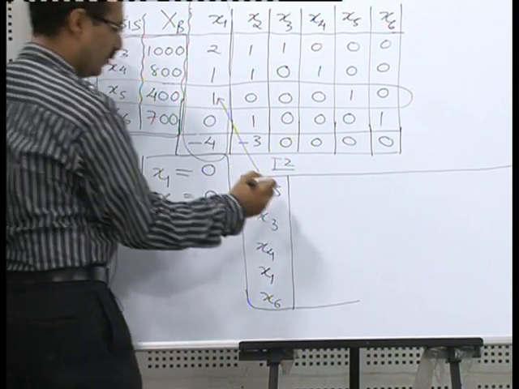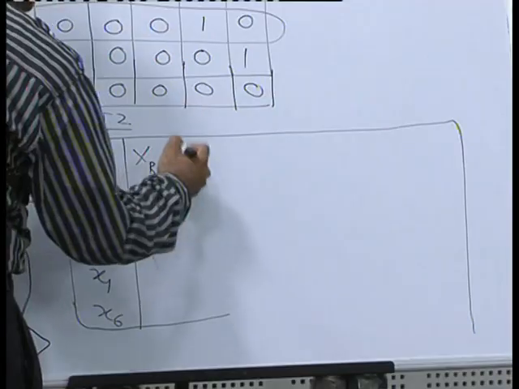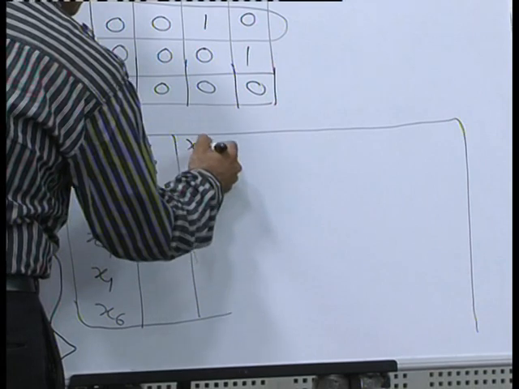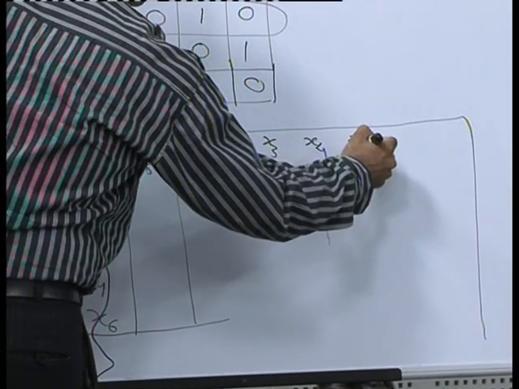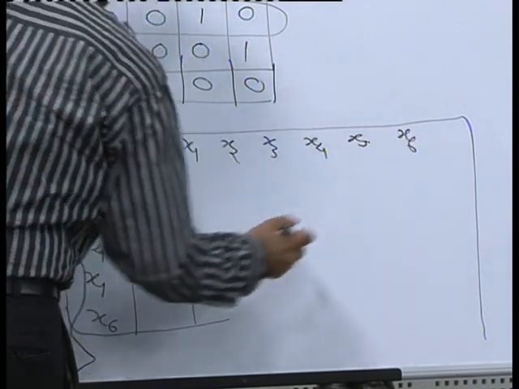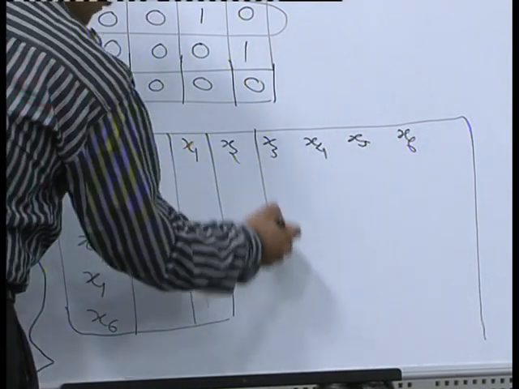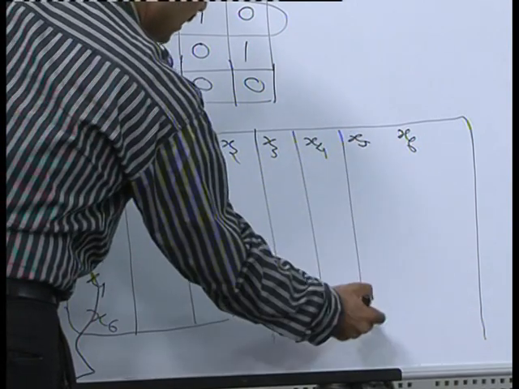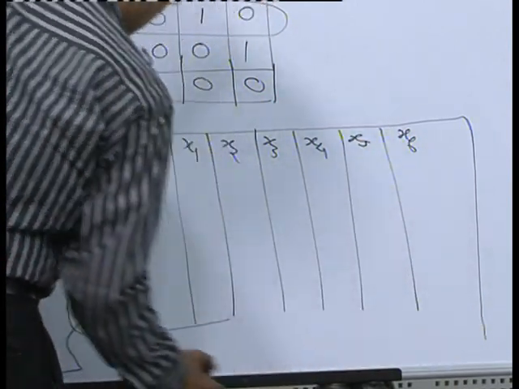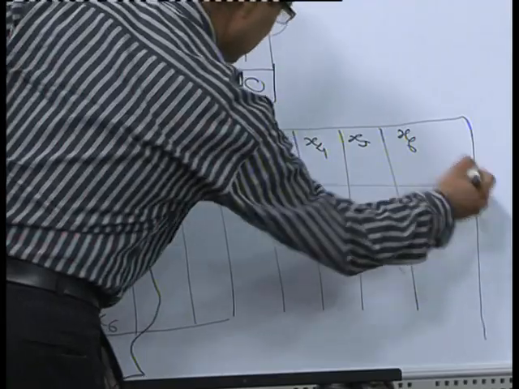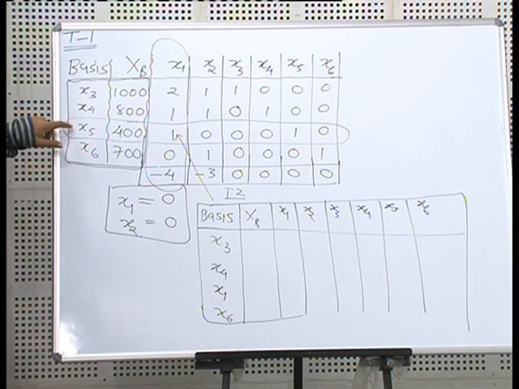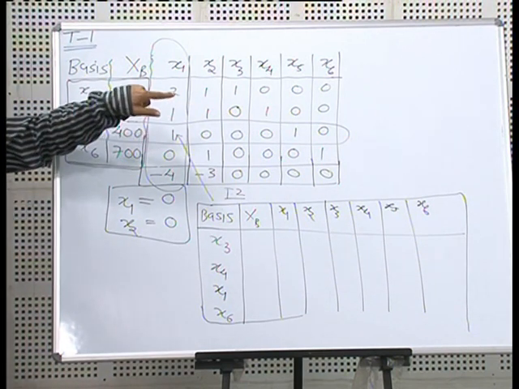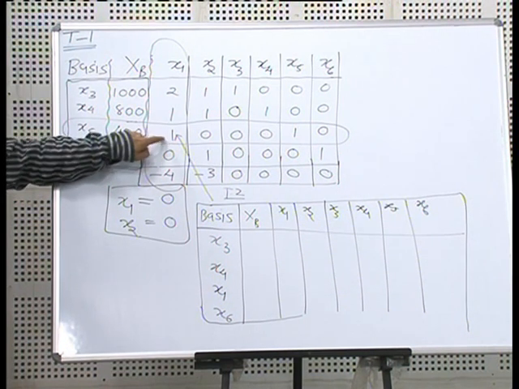Next we have capital XB, and of course, 6 variables x1, x2, x3, x4, x5 and x6. We will make this table and we will see that this table gives a better solution. First of all, when we start filling this table, we will start with the selected row. This selected row of table 1 will be divided by the key element.